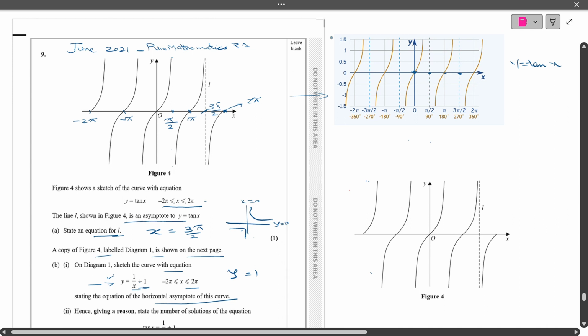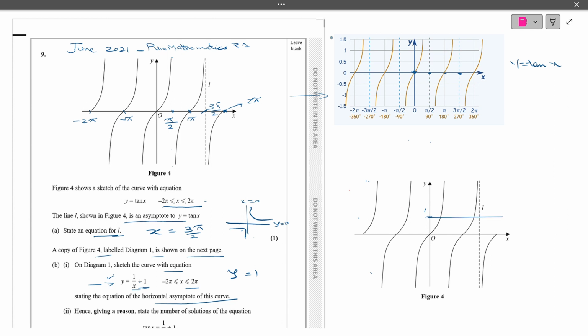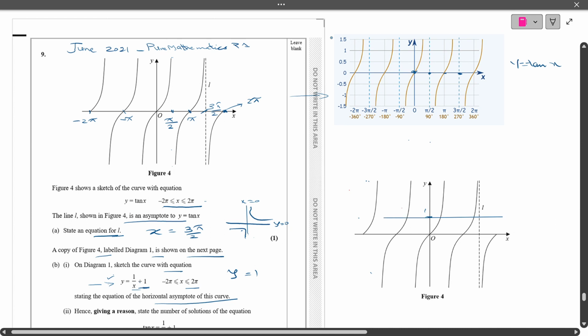Let's say this is 1. If I draw a straight line at this point, it goes straight like this, and then here something like that. So this is the equation y equals 1, and this is the horizontal asymptote.